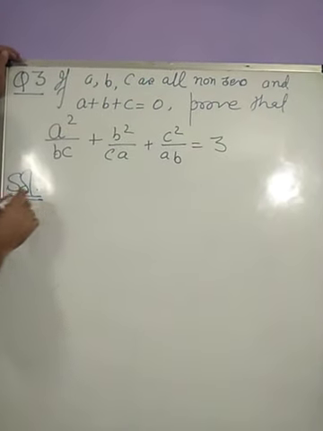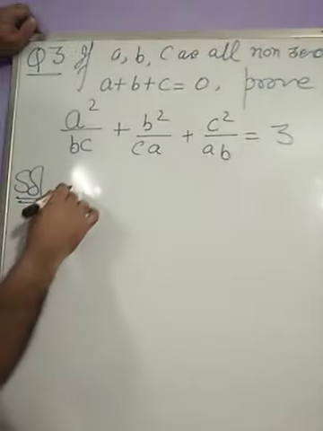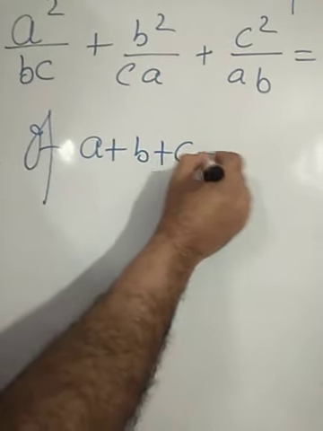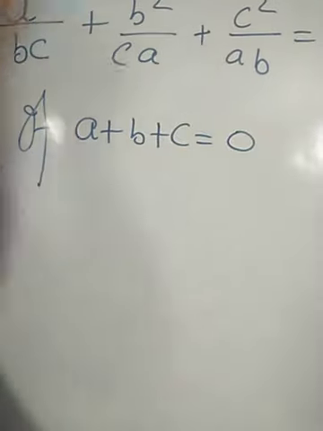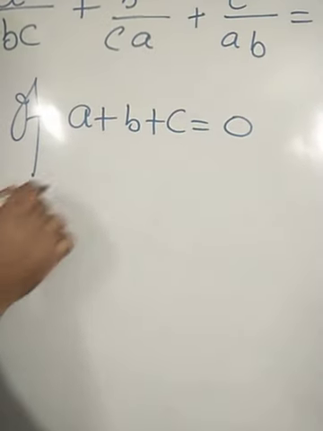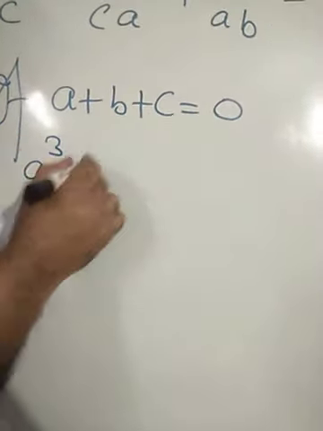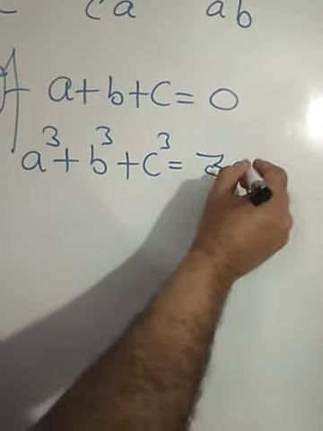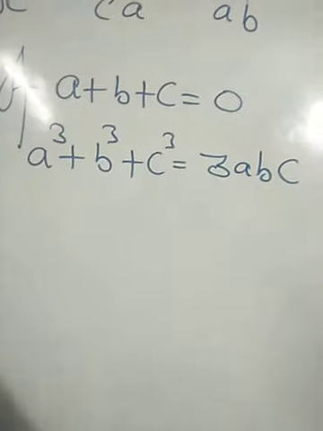Now again the last, 11th identity. It says that if a plus b plus c equals 0, which is given to us, then the sum of their cubes, a cube plus b cube plus c cube, is equal to 3abc. This is the identity.